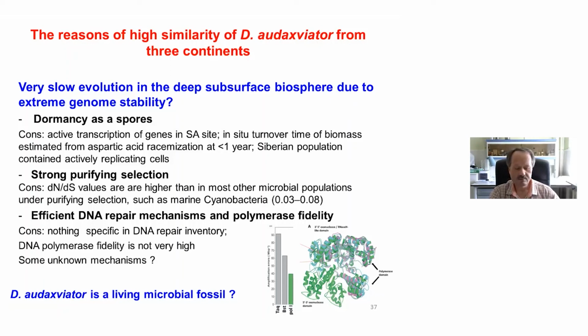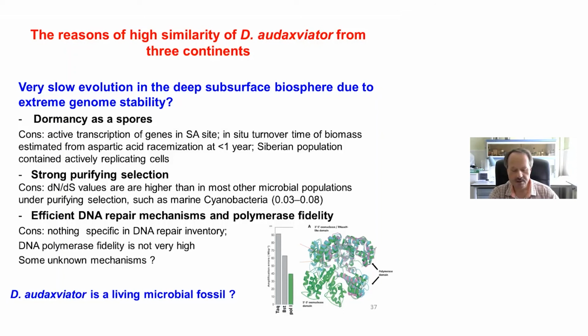The second is strong purifying selection. But this is not the case because the NDS values were higher than in most other microbial populations under strong purifying selection. And the third option is inefficient DNA repair mechanisms and polymerase fidelity. However, there is nothing specific in the DNA repair genes. An intriguing hypothesis was that the Sulfurudis has extremely precise mechanisms of DNA replication.